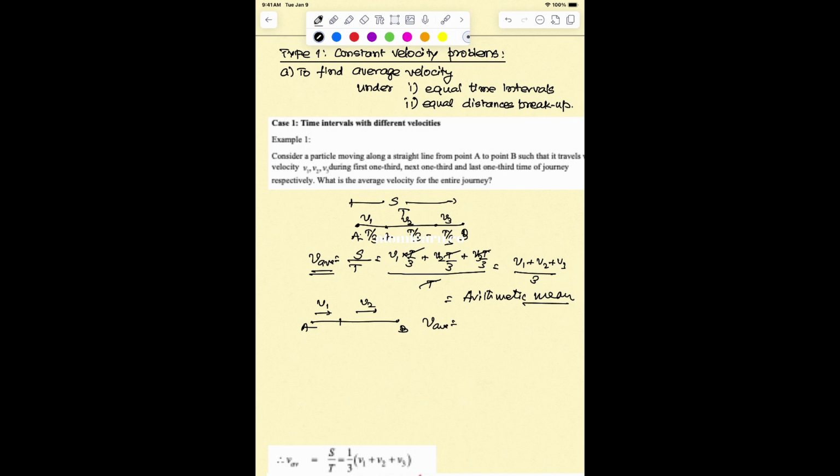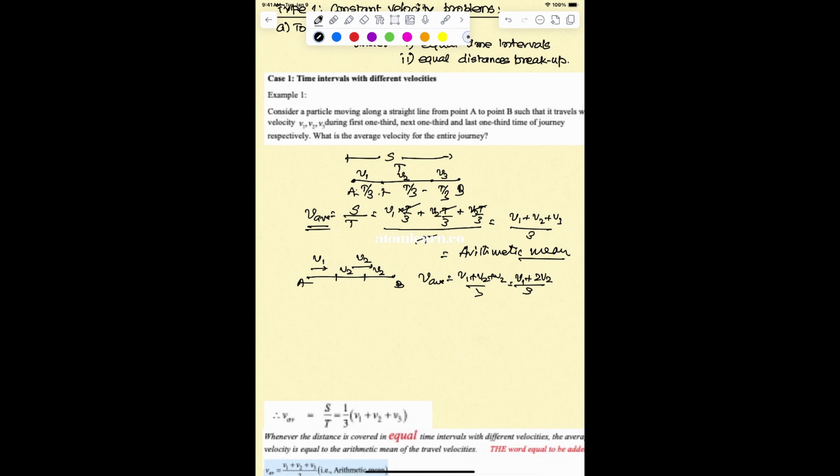We can simply assume 1/3, 2/3, 3/3 time breakups, equal time breakups. Then we can assume the second 1/3 time is V2, and the third 1/3 time is also V2, because in the earlier problem we assumed V1, V2, V3. Now it's the same thing as V1, V2 and V2 again. Therefore this equals (V1 + V2 + V2) divided by 3, which can be written as (V1 + 2V2) by 3.